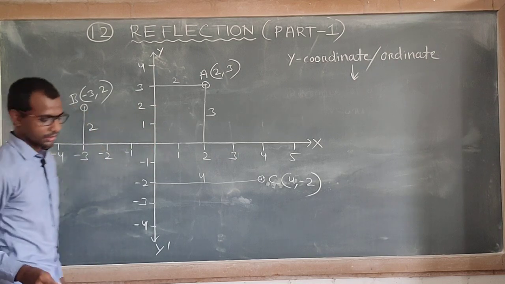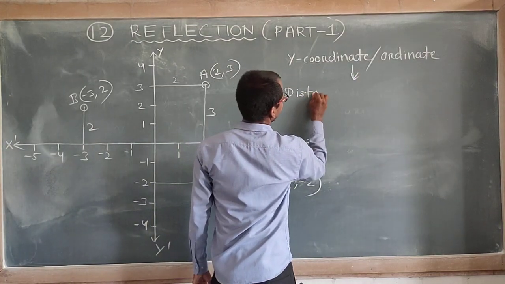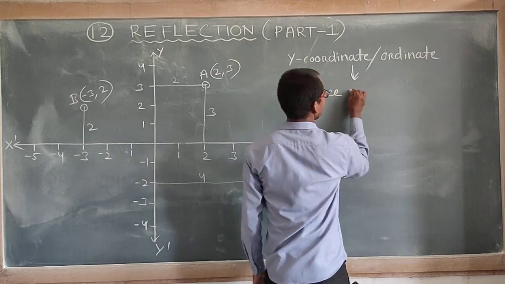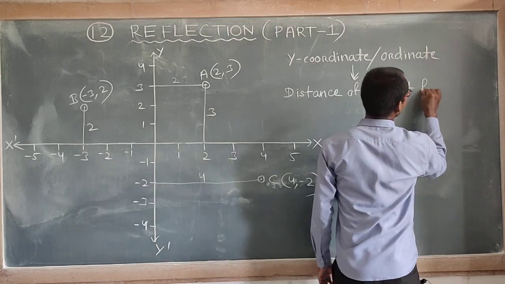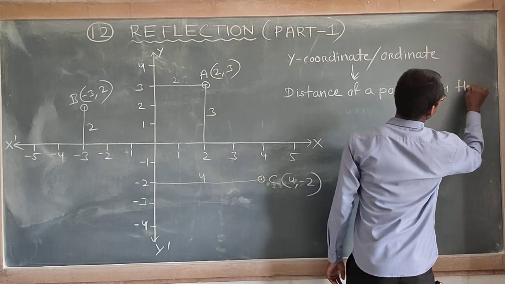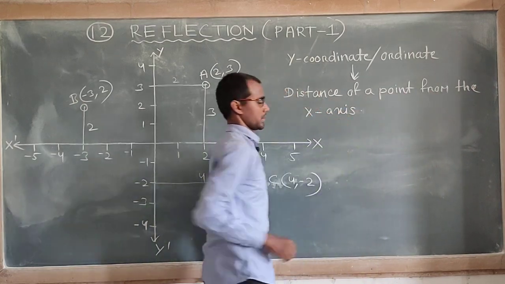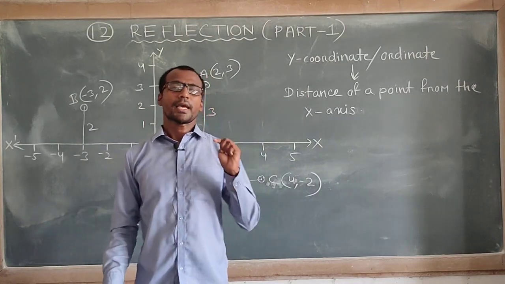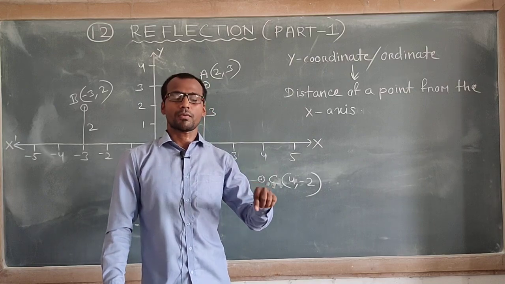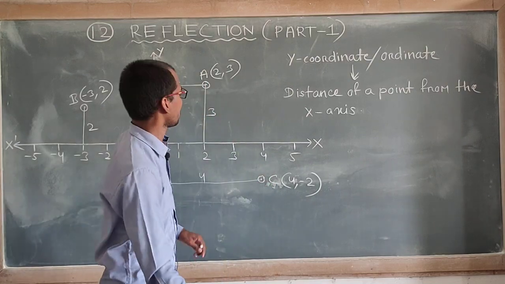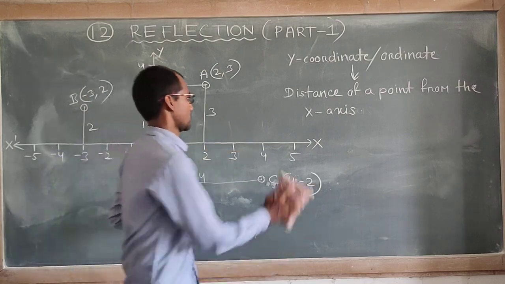So remember, the y coordinate or ordinate is the distance of a point from the x-axis. So it is very easy to remember. The x coordinate is the distance of a point from the y-axis. The y coordinate is the distance of a point from the x-axis. Okay, it is very simple. You have to remember that this is the basic of coordinate geometry. First you have to understand this.